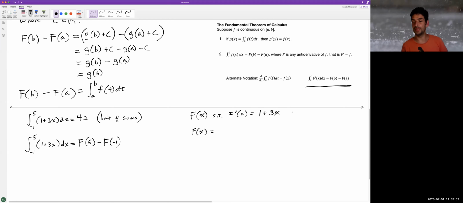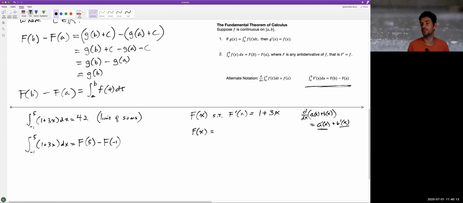We know when we think about derivatives, if I take the derivative of two functions, let's just call them a of x plus b of x, I get a prime of x plus b prime of x, right? So I'm looking for the antiderivative of two functions here, right? So I can think of each of these separately to get these a and b.